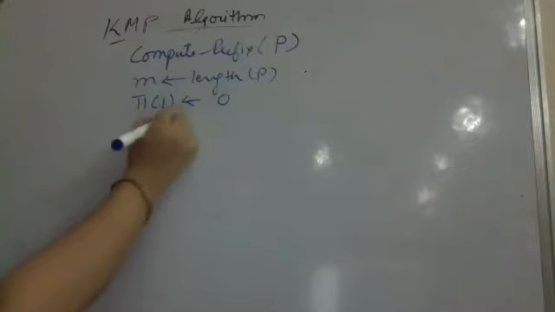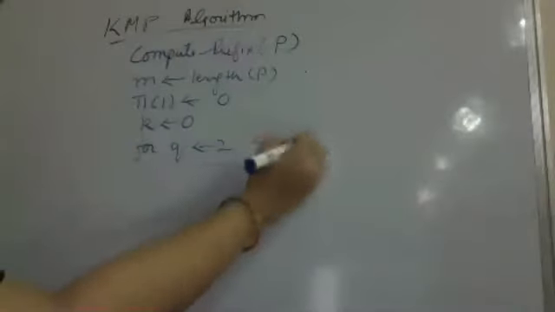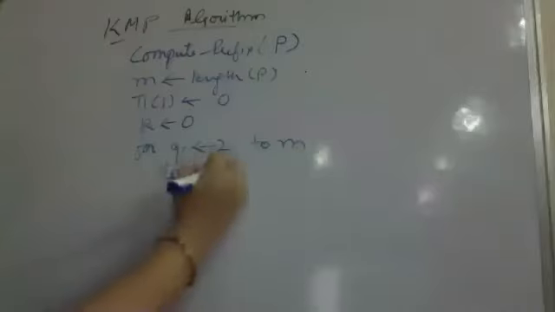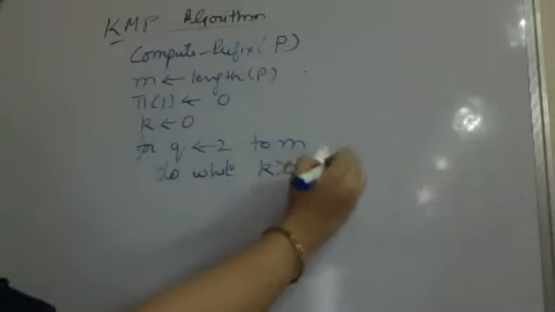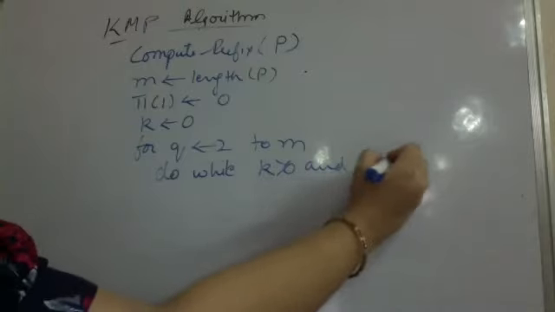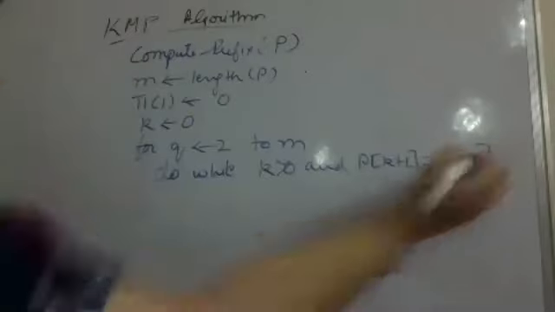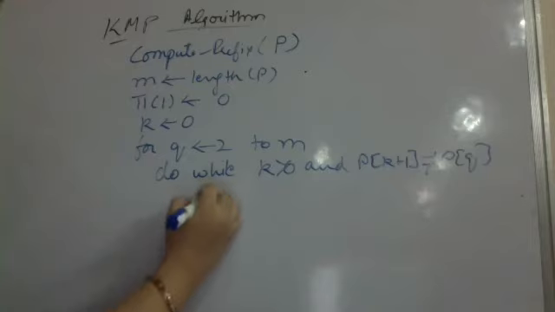I initialize a temporary variable k to be 0 and I am running a loop from 2 to m. The prefix of 1 is already calculated. So from the second element to m we are calculating the prefixes. What am I doing within the loop? While k is greater than 0 and pattern of k plus 1 is not equal to pattern of q, the same thing which we have just explained with an example, what do I need to do?